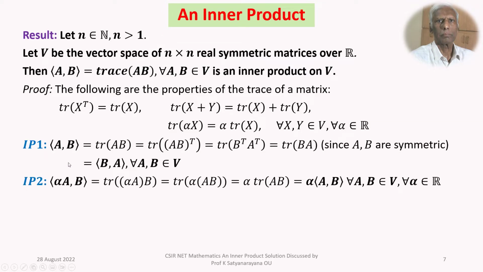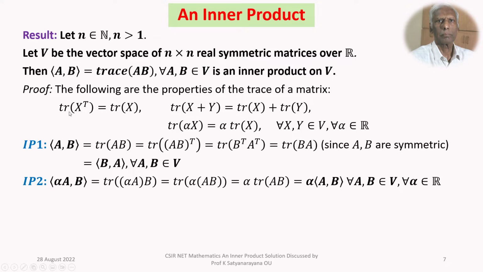IP2, the second property. Bracket of alpha A comma B, where alpha is a scalar, is equal to trace of alpha A multiplied by B. That is equal to trace of alpha times the product AB.